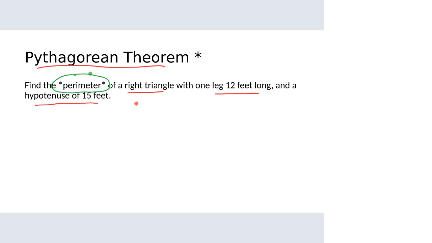So we know we can use Pythagorean theorem. That's how we're going to find the leg we don't know. And then don't forget to find the perimeter. I'll give you a little time on this one.